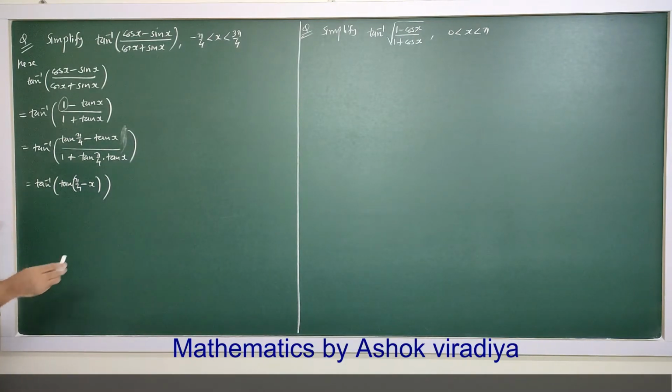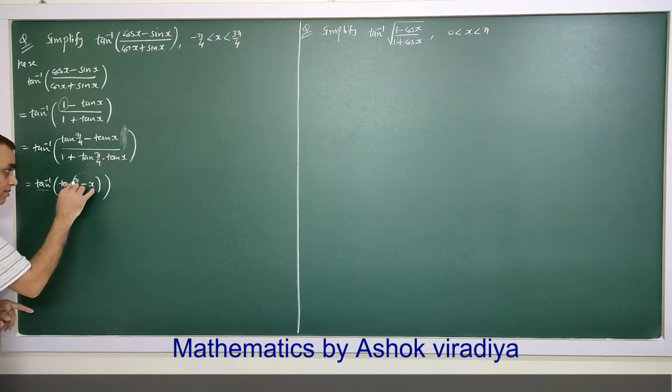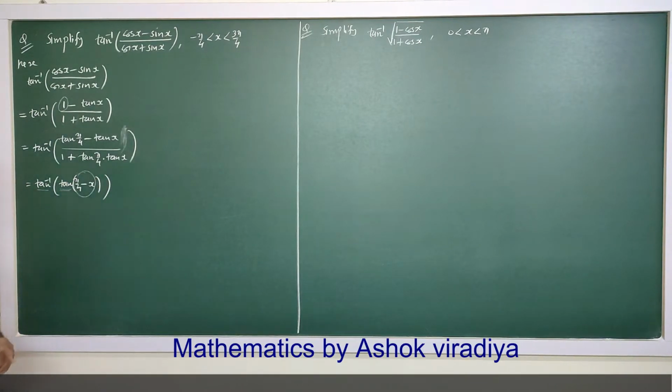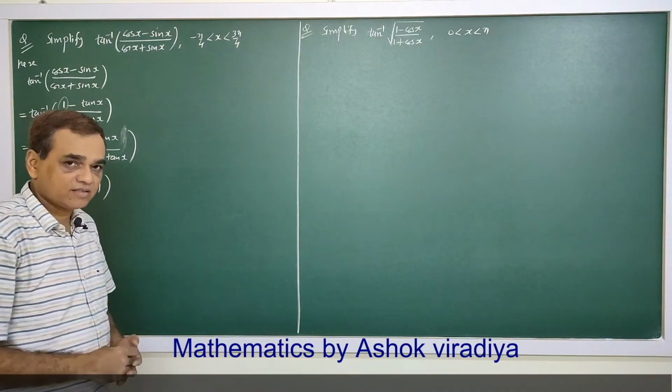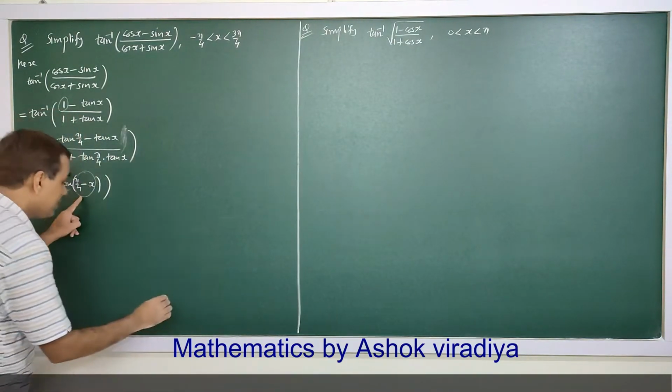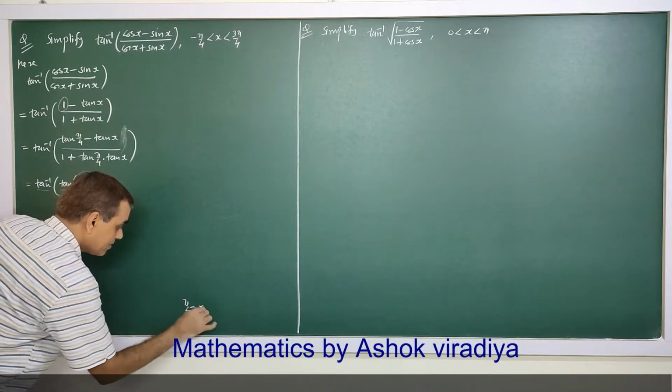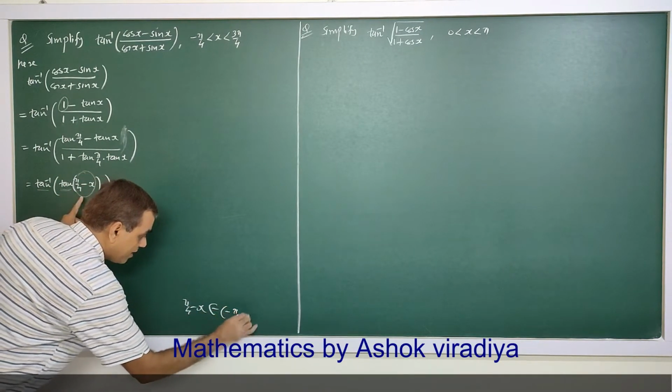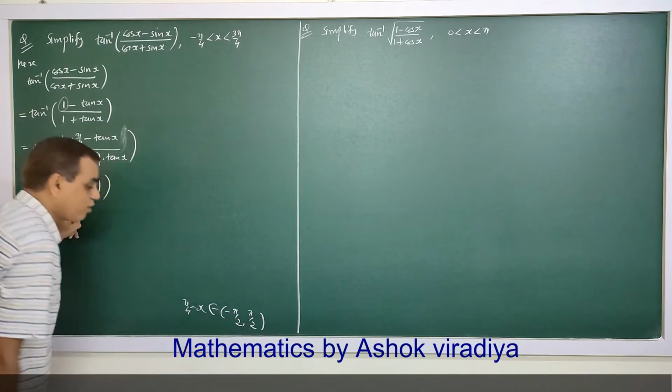Now you can see that the outer is tan inverse and the inner is tan. This can be removed if this number belongs to the domain of tan, the restricted domain of tan.